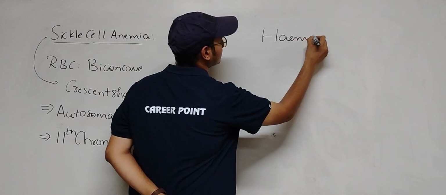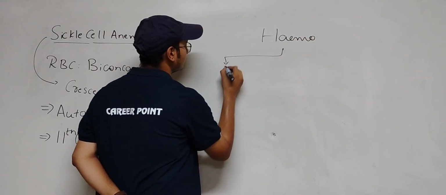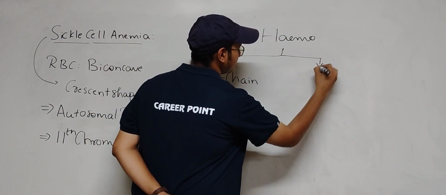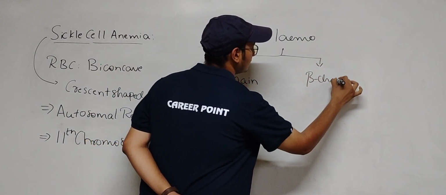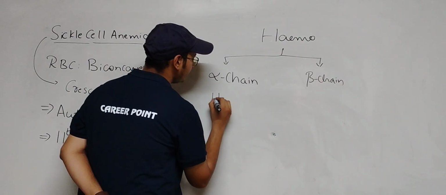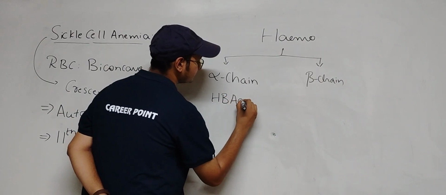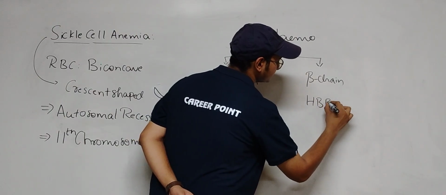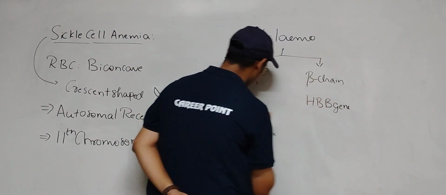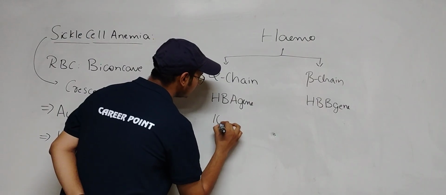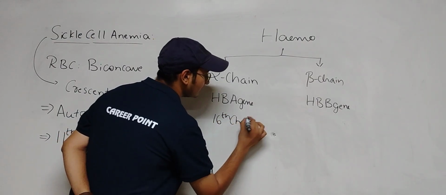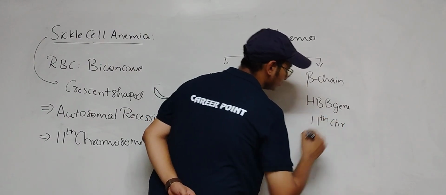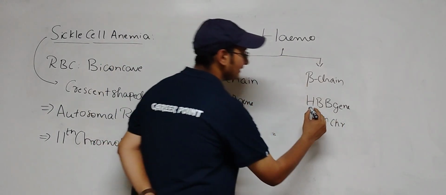The alpha chain is controlled by HBA gene and the beta chain is controlled by HBB gene. The alpha gene is present in the 16th chromosome and the beta gene is present in the 11th chromosome.